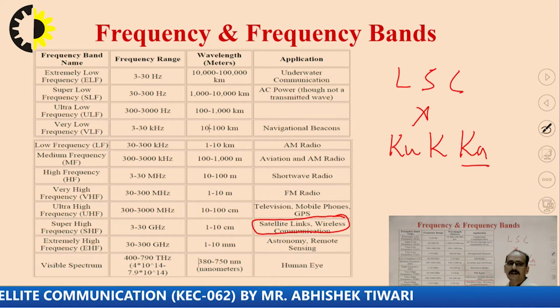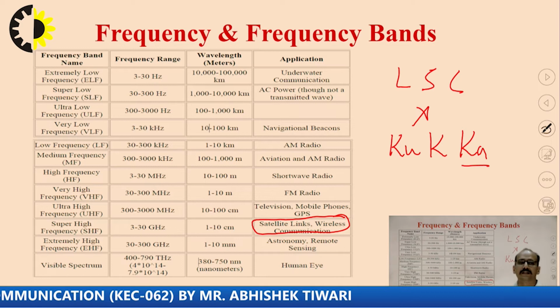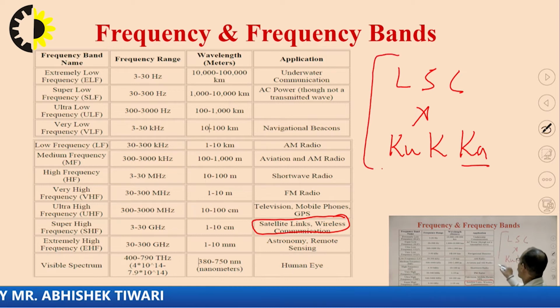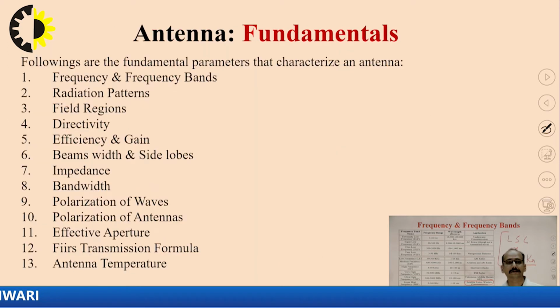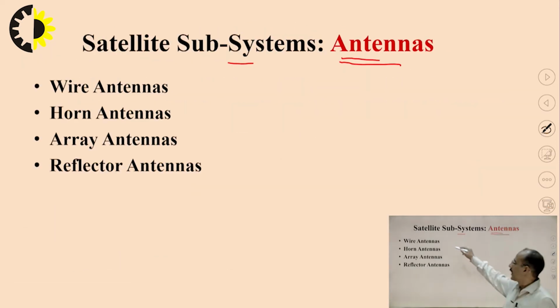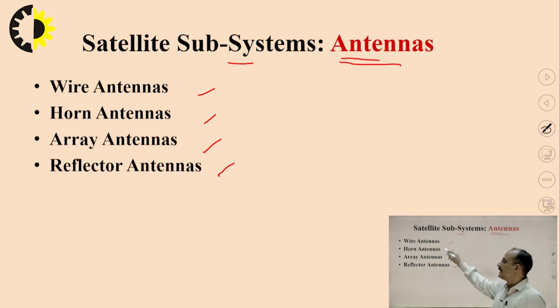These all bands are used for satellite communication, and the antennas which can work for these bands are very specific: wire antenna, horn antenna, array antenna and reflector antenna. So when we are talking about the satellite antenna, we are using these four kinds of antennas.